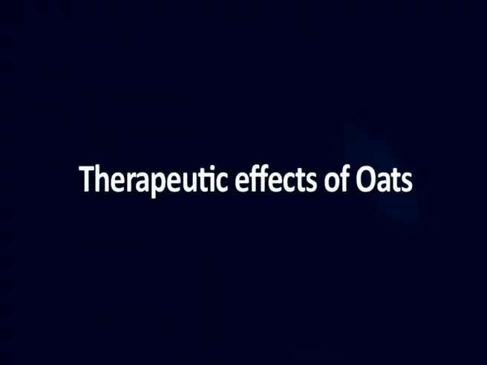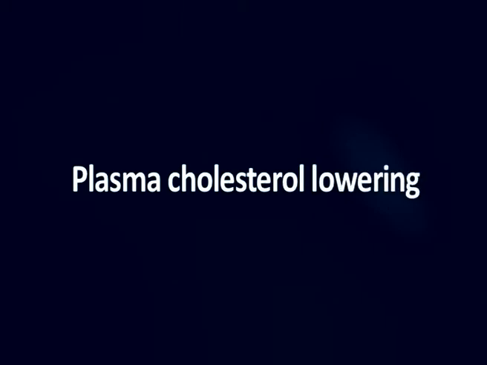Now the therapeutic effects of oats. First is plasma cholesterol lowering. Dietary oats have been seen in several studies to lower elevated plasma cholesterol and in particular low density lipoprotein cholesterol, which is a major risk factor for heart diseases.